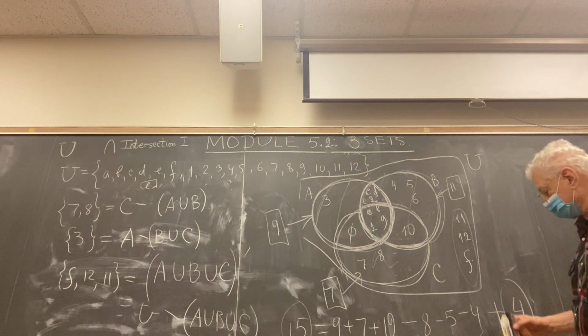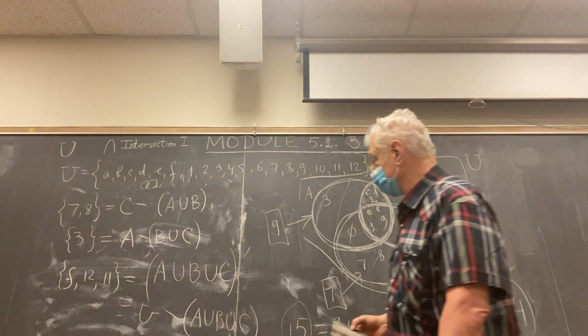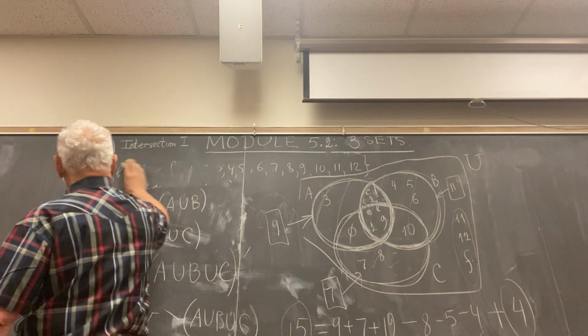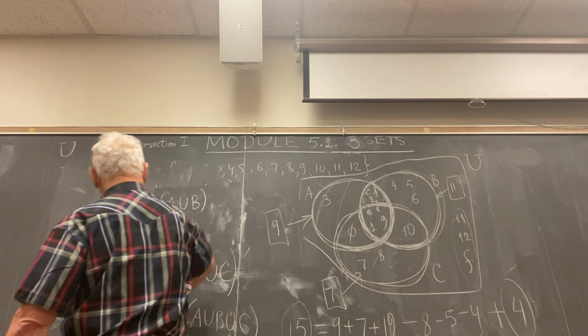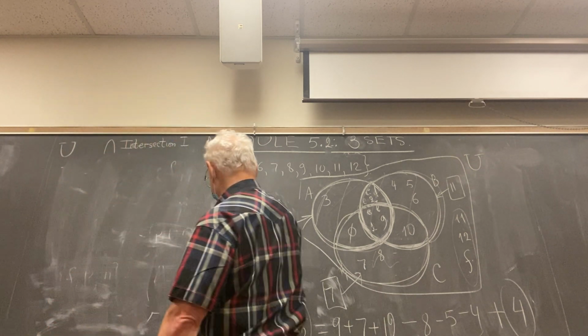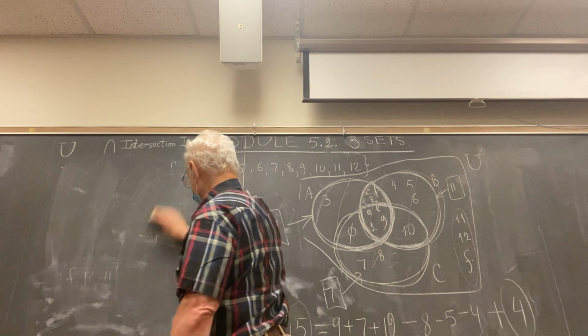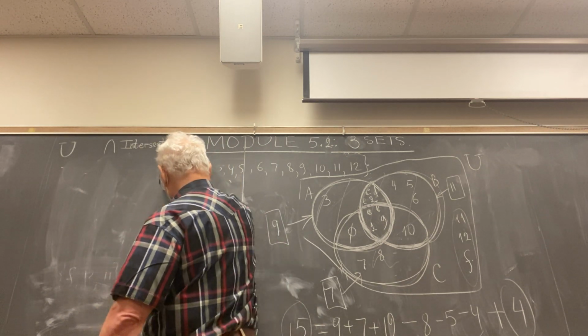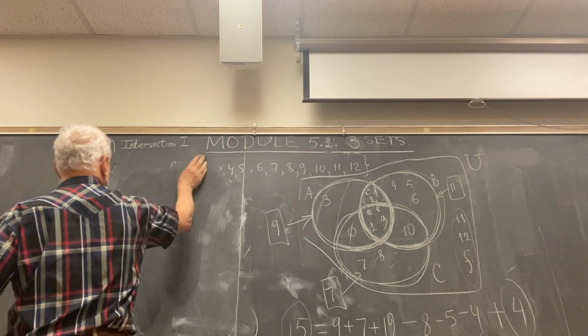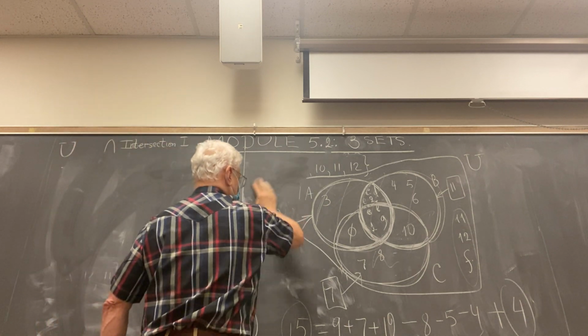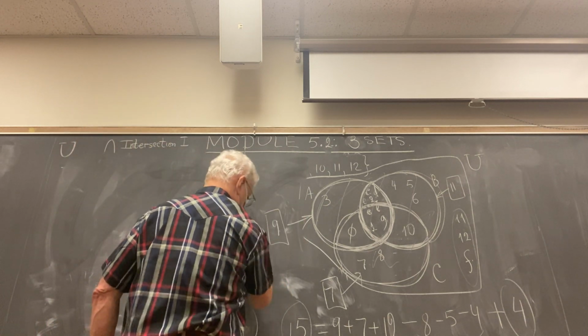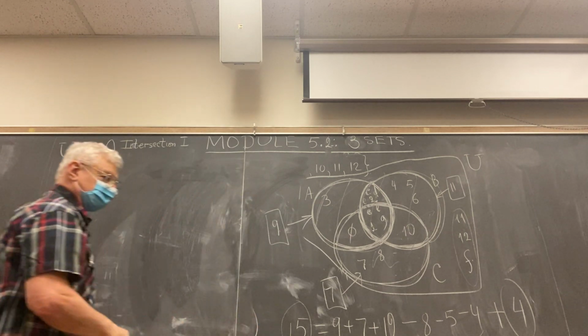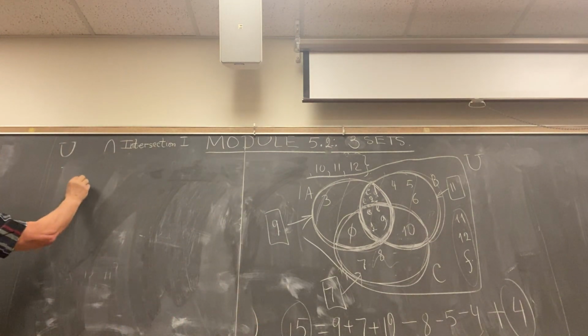So now we get a very beautiful formula, which I want to write down immediately. I erase everything and write the cardinality formula. It's more complicated, of course, than the formula for two sets.